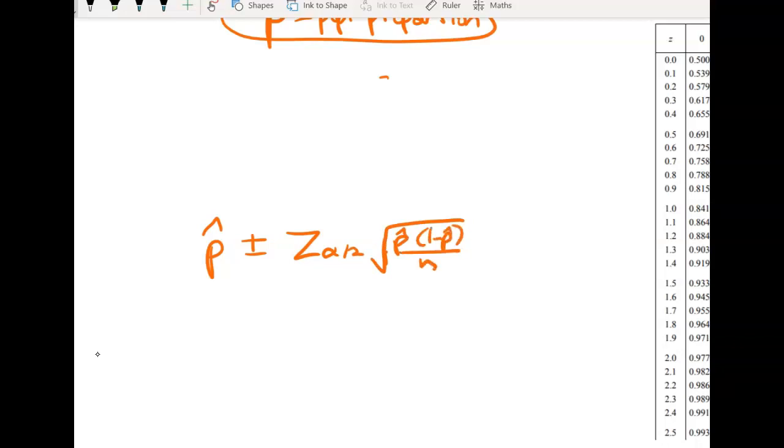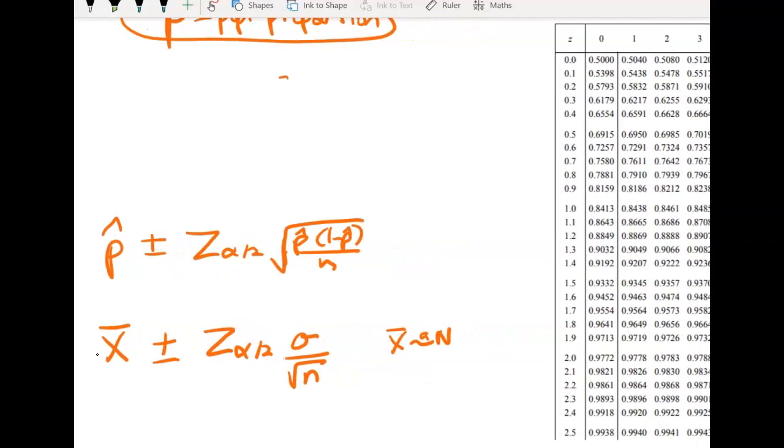The counterpart for the mean will be my sample mean plus or minus my z value times sigma over root n. And that's because the sample mean is distributed roughly normally with, on average, the population mean and a variance of sigma squared over n.